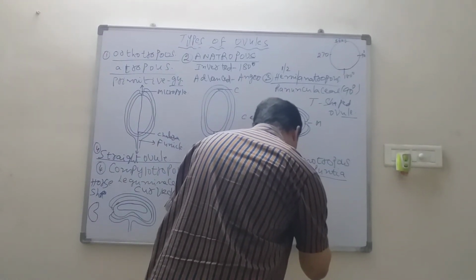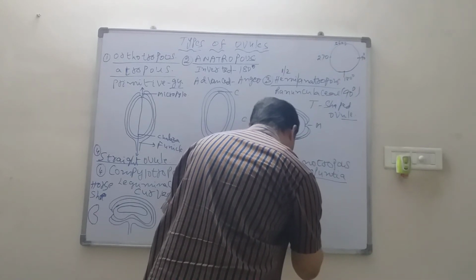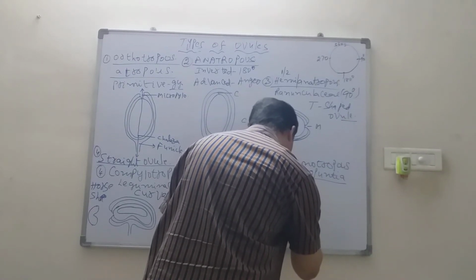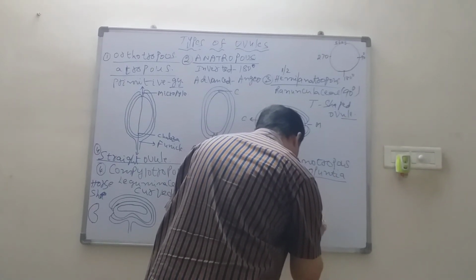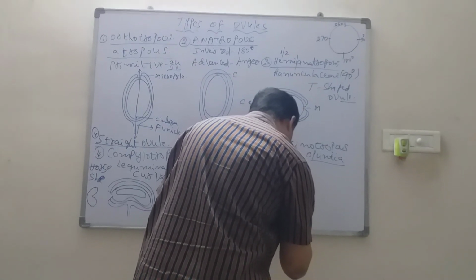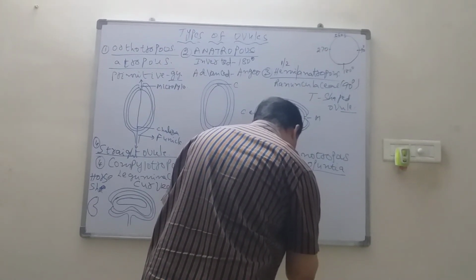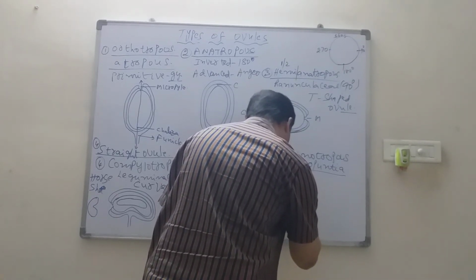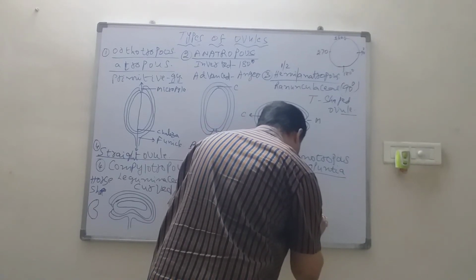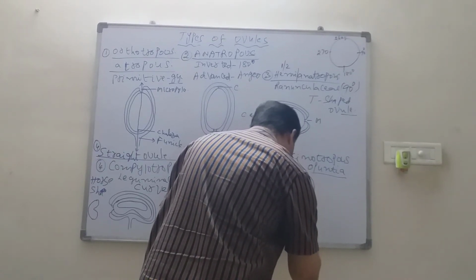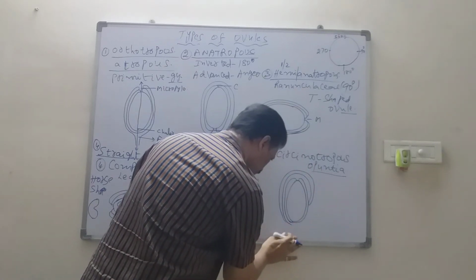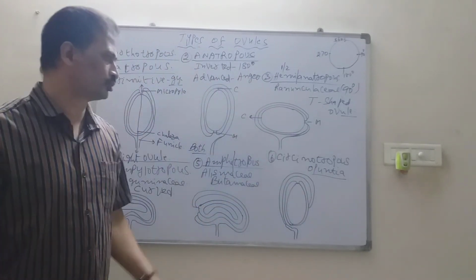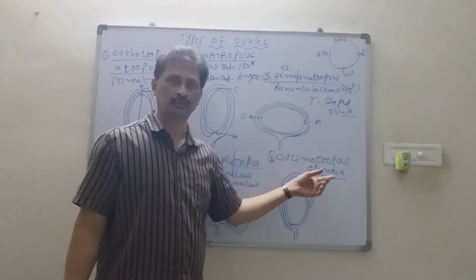So this is the body of the ovule. So this is the Circinotropous ovule. Example is the Opuntia.